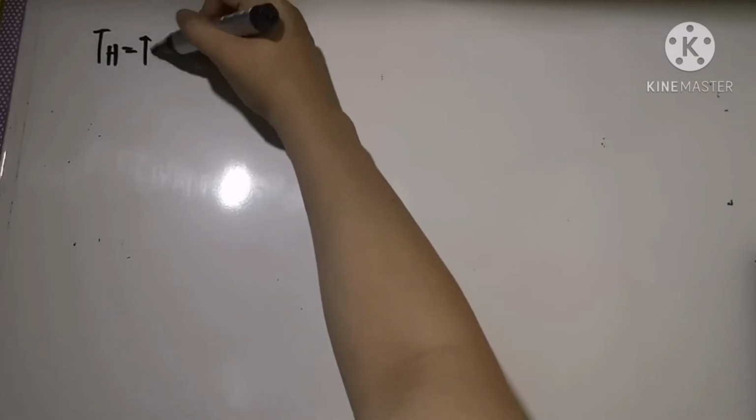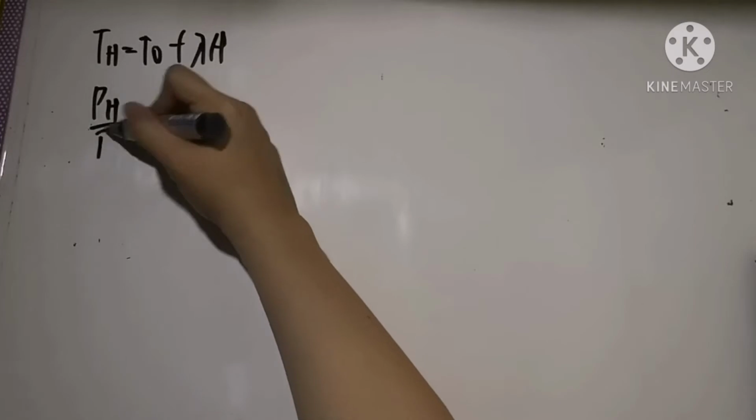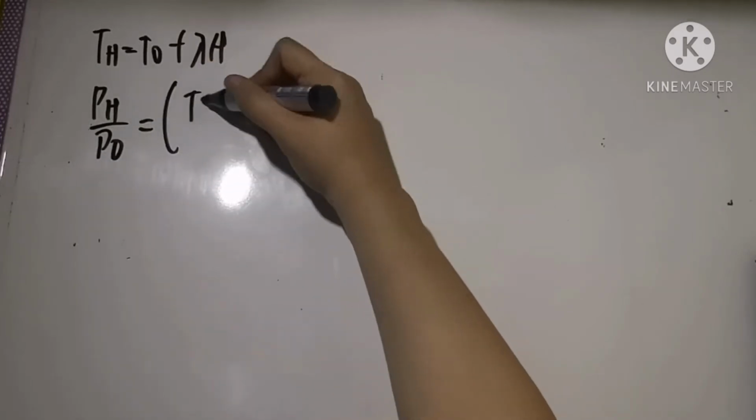Our next topic, last topic na to for this module, ay the isothermal region. So, yung formulas na introduce ko na TH is equals to TO plus yan, and then this one for TH.